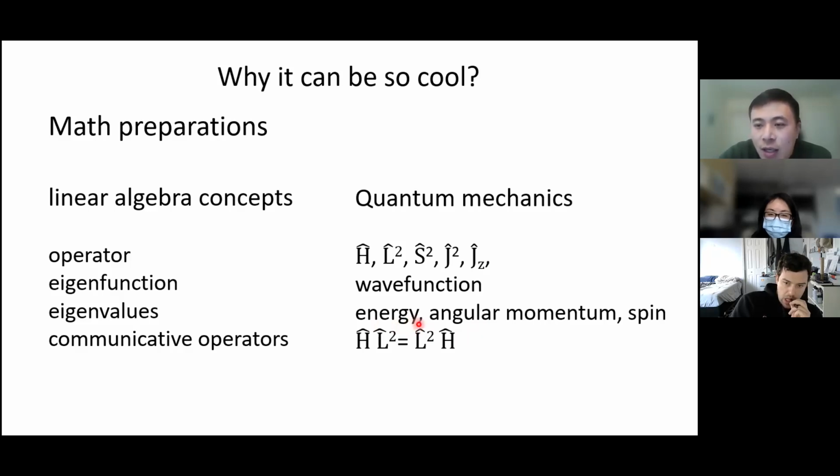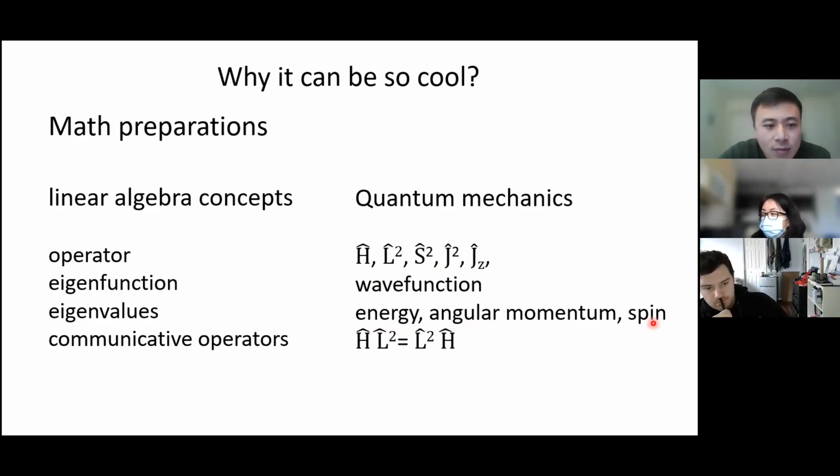So energy is in front of the wave function in the Schrodinger equation. Schrodinger equation is basically saying if we have the Hamiltonian operating on the wave function, what we get is actually the wave function multiplied by the energy. So that's the power of the Schrodinger equation. And also we can get the angular momentum and also the spin, some physical measurable quantities.